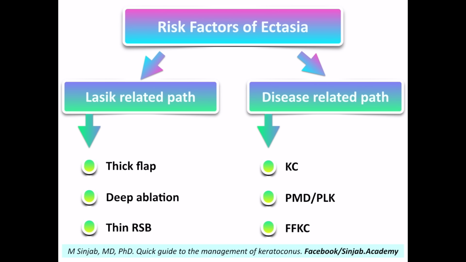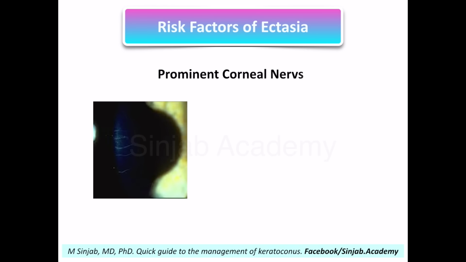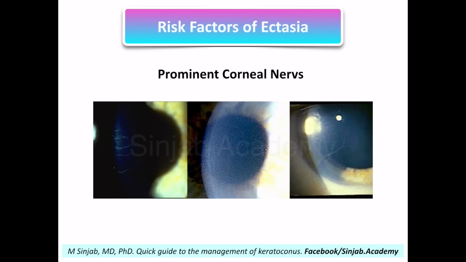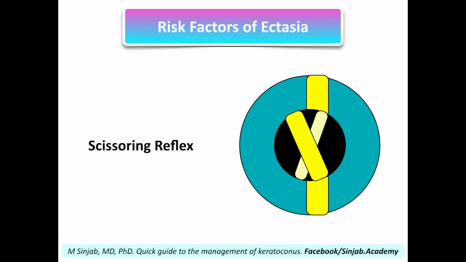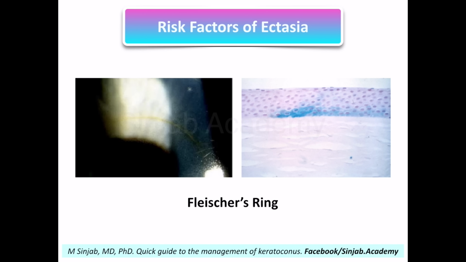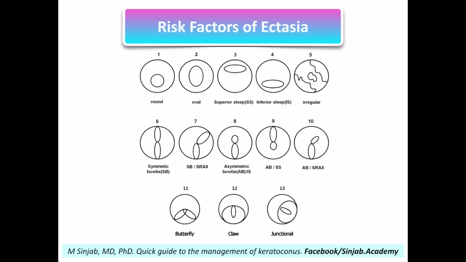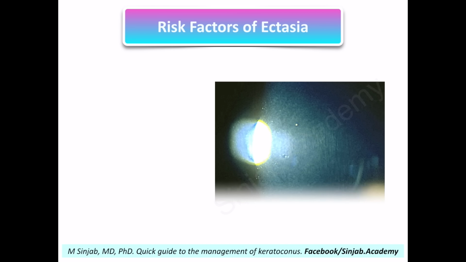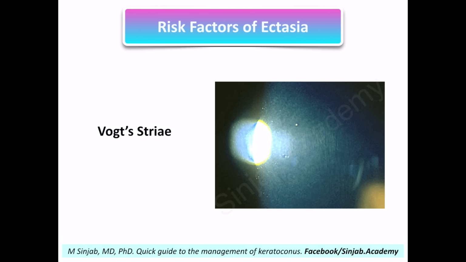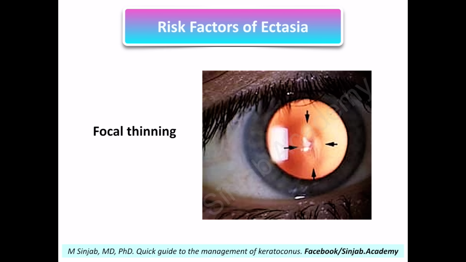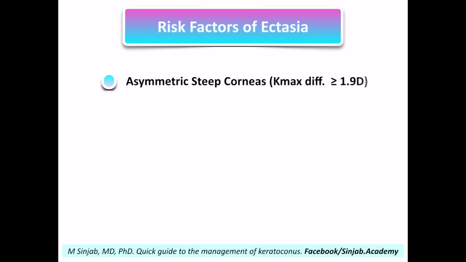In addition, the disease-related path has a very big role in the development of ectasia, like the prominent corneal nerves, the Siegrist reflex, Fleischer's ring, abnormal topography patterns prior to surgery, Vogt's striae, focal thinning, asymmetric steep cornea.